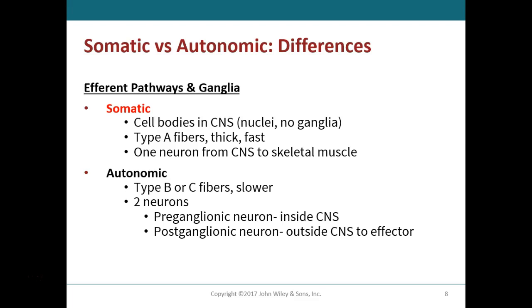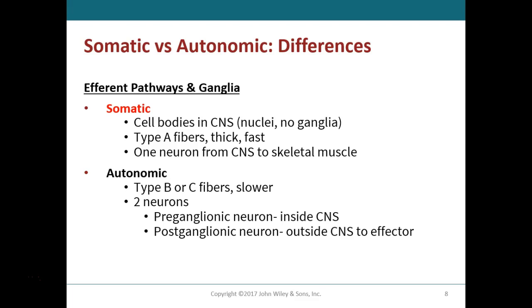And we have a pathway of one neuron from the central nervous system with an axon that extends out to skeletal muscle. We'll see an image of this on the next slide. In the autonomic nervous system, on the other hand, we have type B or C nerve fibers, which the thing to remember here is that they transmit impulses much more slowly.